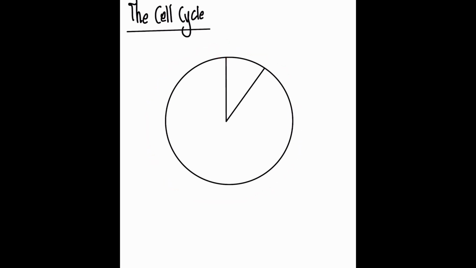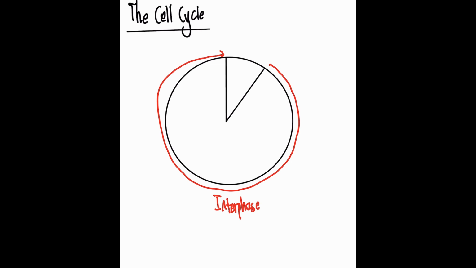So, what are the phases of the cell cycle that you need to understand? Now, this bigger chunk of the clock, or rather the bigger chunk of the cell cycle, this part is called interphase. This smaller section over here is called the M phase.